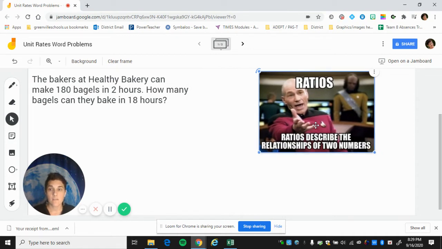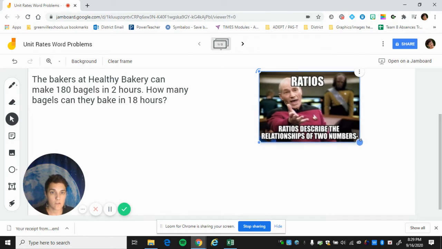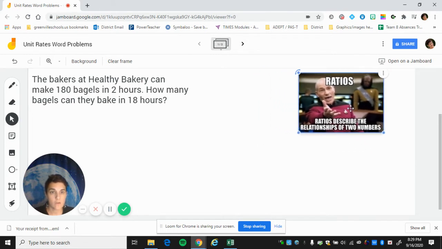Your exit ticket today is several word problems that involve you needing to use ratios and rates. As Captain Picard is reminding you, ratios describe the relationships of two numbers. You also have this in your notes. And rates are basically a ratio with units, so that it means something because it has units attached to it.